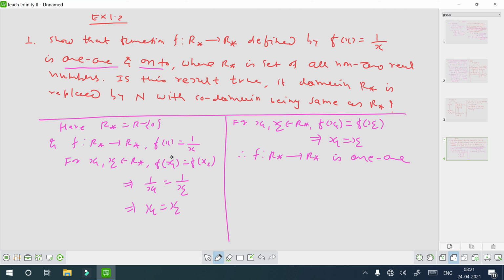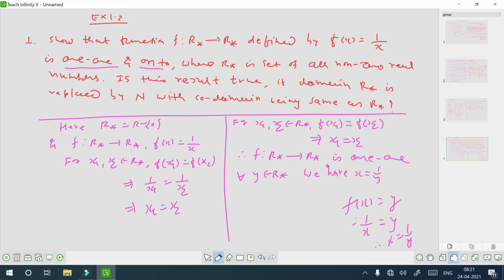And second thing, we want to show that it is 1, 1 as well as onto. So for all y belongs to R star, we have x is equal to something. What we want to show? f of x is equal to y. That means we want to show that 1 by x is equal to y. That means what should be x? x is equal to 1 by y.